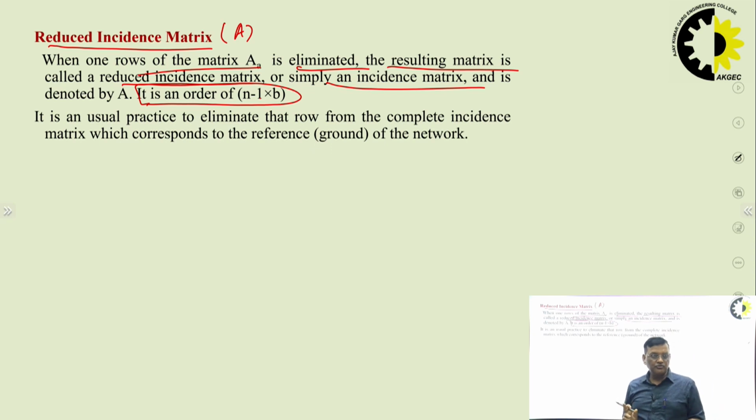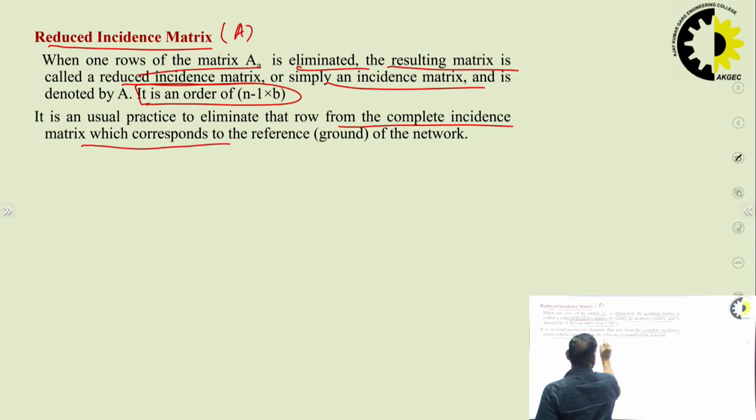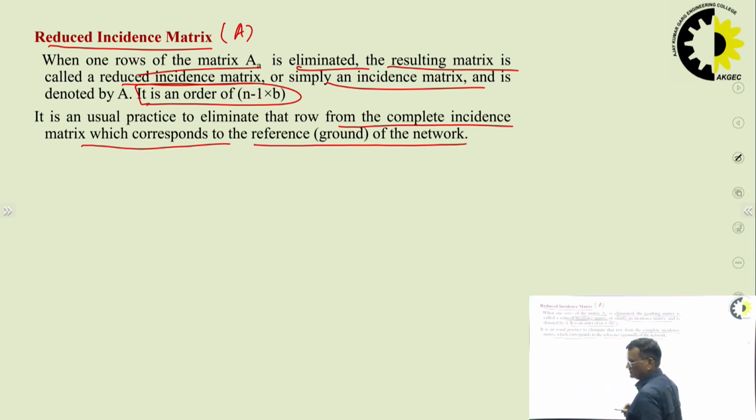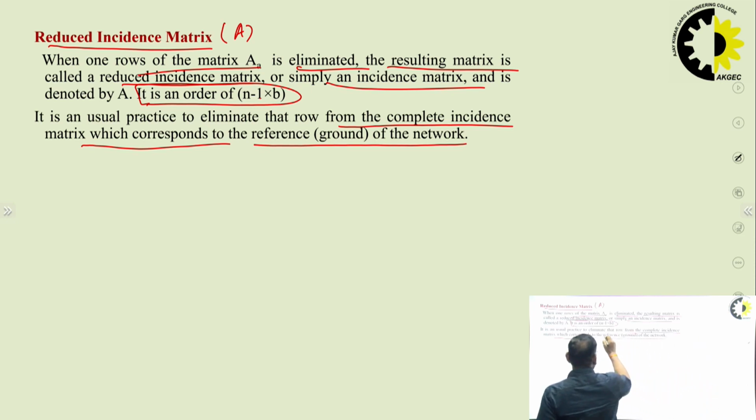It is usual practice to eliminate that row from the complete incidence matrix which corresponds to the reference of the network. Okay. So a network is given. We identify the nodes, the reference node or ground. Then we draw the graph of the network and we eliminate that row which corresponds to the reference node.